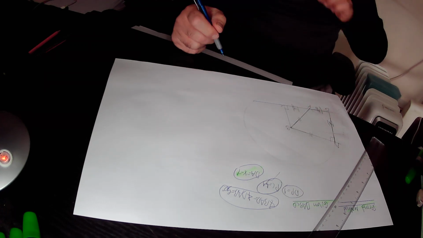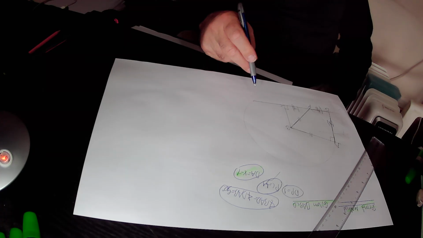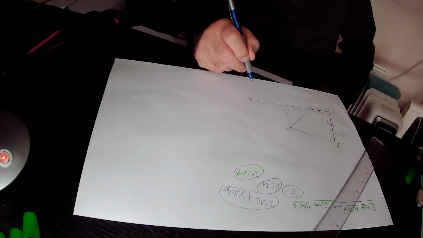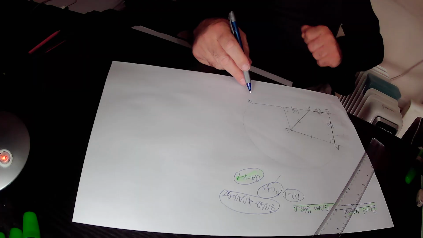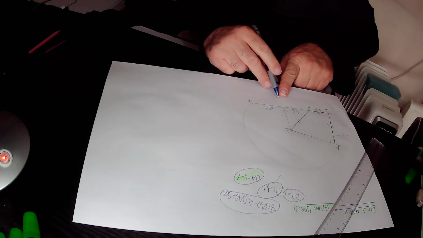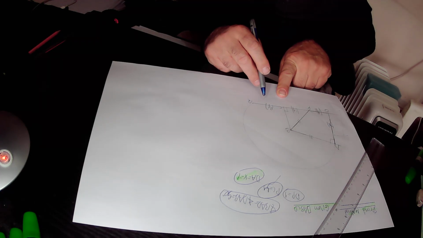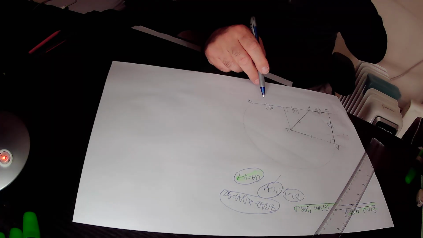And we will define the end of this extended line segment. This point is point Q. So CQ equals 4 units according to our construction.